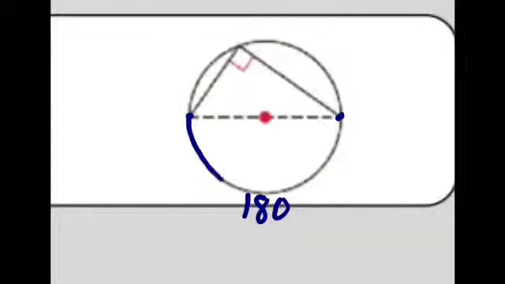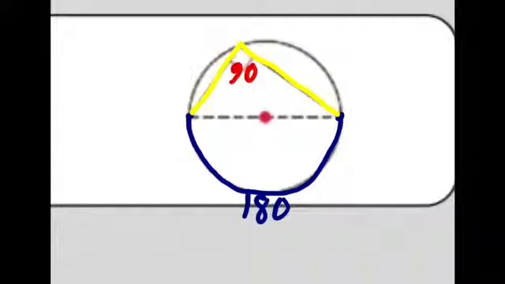Because it's just half the circle. Remember, the diameter cuts a circle in half. Well, if my intercepted arc is 180 degrees, what's the measure of my inscribed angle? 90, right? Because my inscribed angle is just half of my intercepted arc.